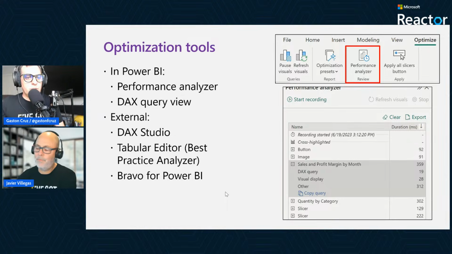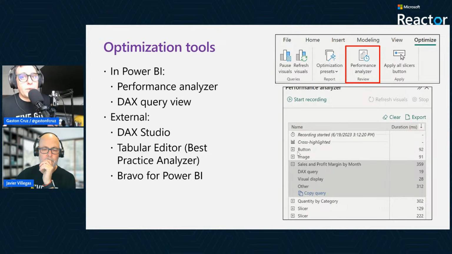So you can say, hey, how much time is this DAX query taking? How much time is it taking to load this visual display? How much is every single visual taking? And you can see that on the right of my screen, that breakdown by button, by image, by visual itself. So you can go really granular to understand your performance.